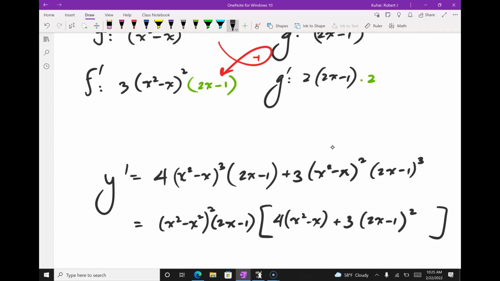Now, I've got a little cheater there if you need to see it, because I think that part is tough sometimes. So the cheat is to think of this as 4 times x squared minus x squared times an x squared minus x and a 2x minus 1, plus 3 times x squared minus x squared times a 2x minus 1 times a 2x minus 1 squared.